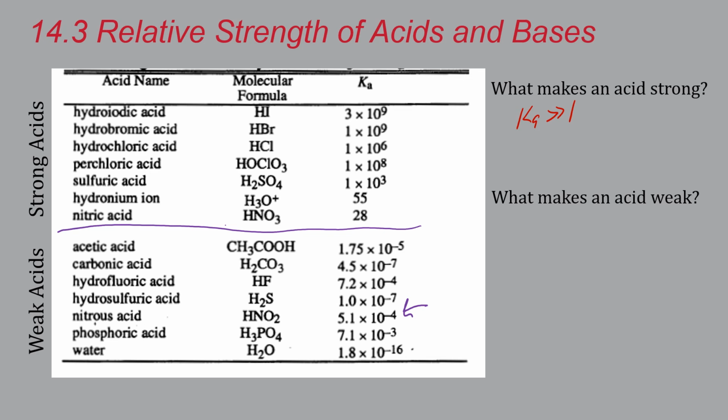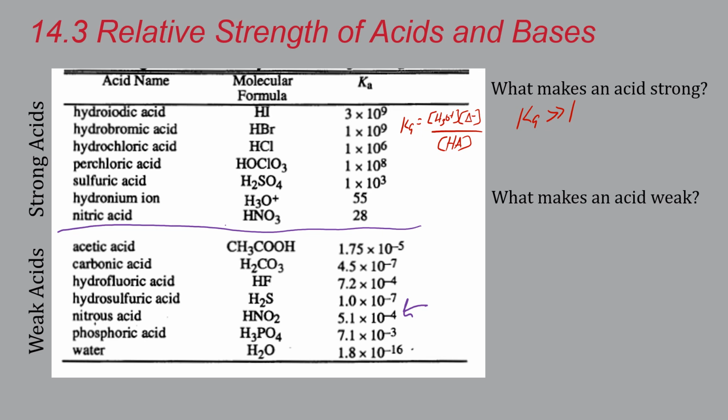So what does that mean? Well, actually, let's look at Kas. I'll draw this here. So generically, Ka is H3O plus times A minus over HA. So what does that mean?